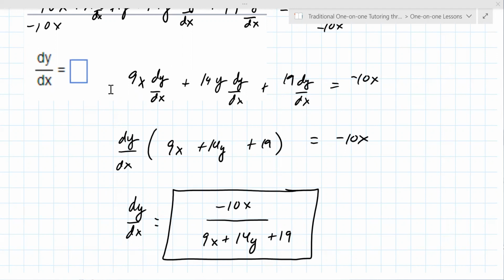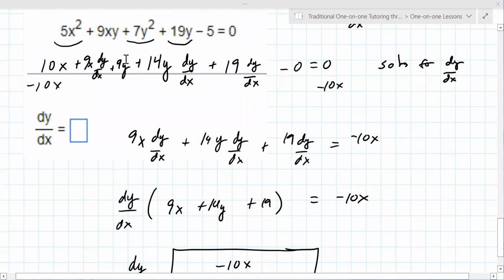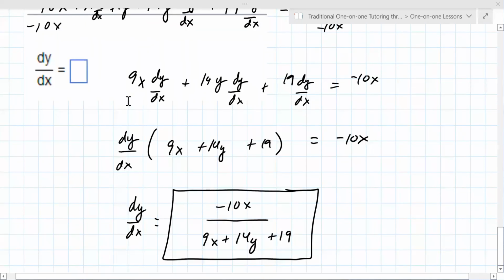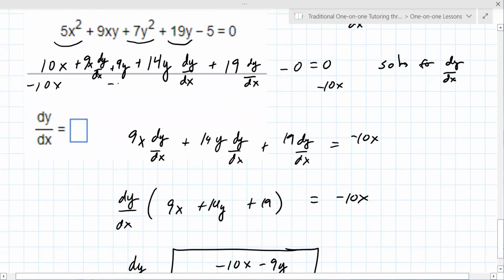I did miss something here, didn't I? Oh, that 9y. That's what I meant to move. Okay, sorry. There's a 9y in the numerator. I didn't catch that. So it's this minus 9y that you move to both sides.